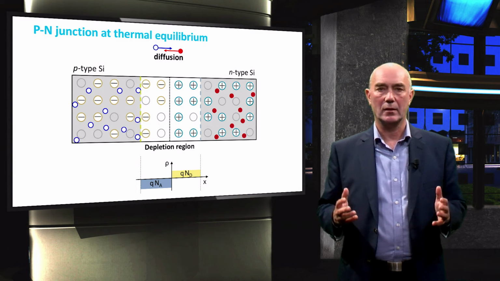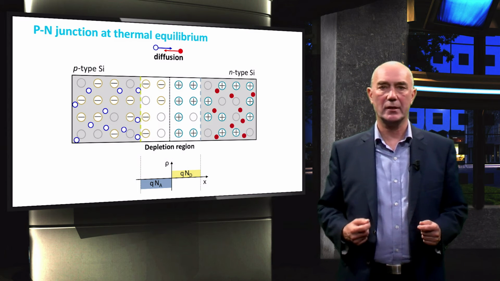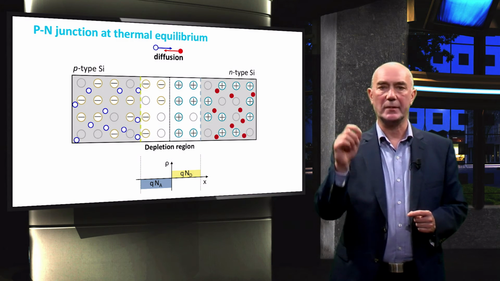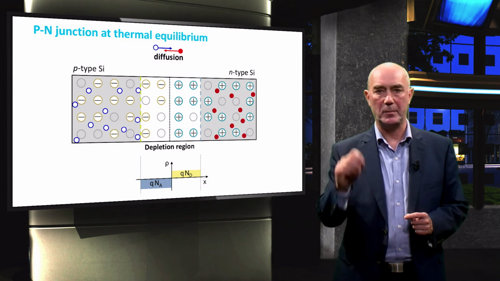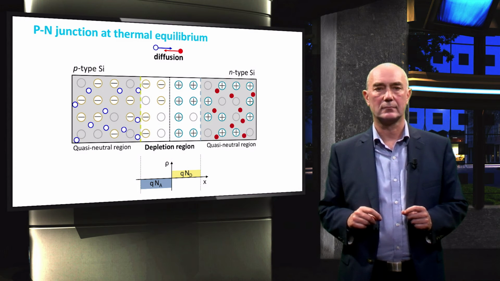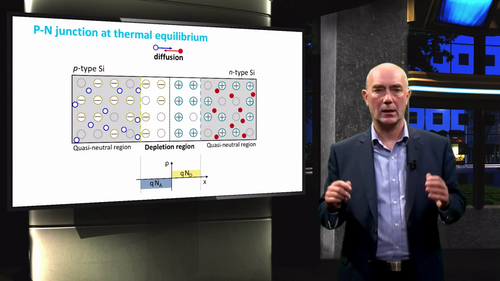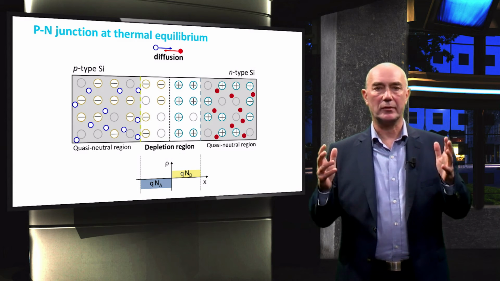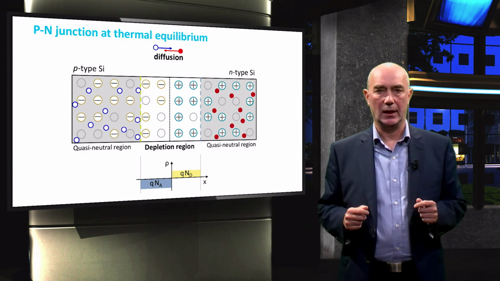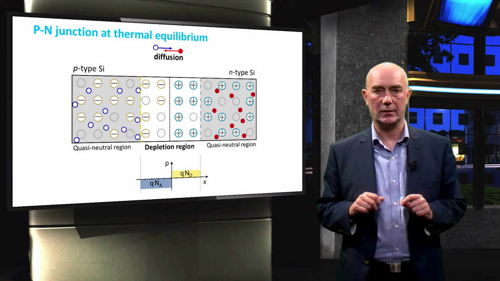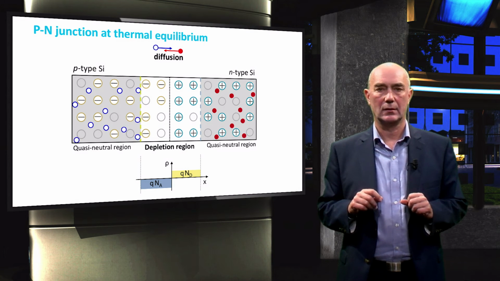The region where there are no mobile carriers is called the depletion region. It is also sometimes referred to as the space charge region. Outside the depletion region, the electrical neutrality is still maintained, and we call these regions quasi-neutral regions.